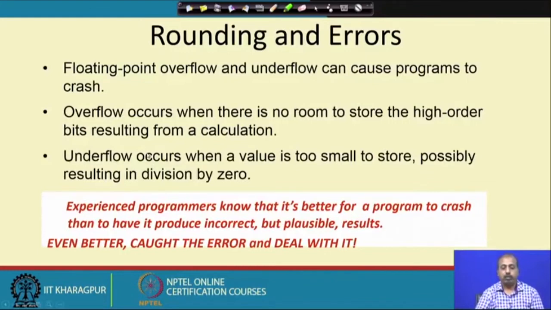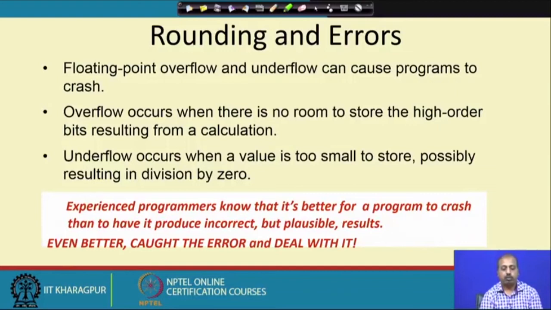Floating point overflow and underflow can cause programs to crash. Though it is a bit of the programming side, it is important, because if there is an underflow, the number becomes 0, and then when you do some division by that number, it is a divide by 0 error. As a result the program may crash. Similarly, overflow may go out of range, generate wrong values, and then the program may crash.